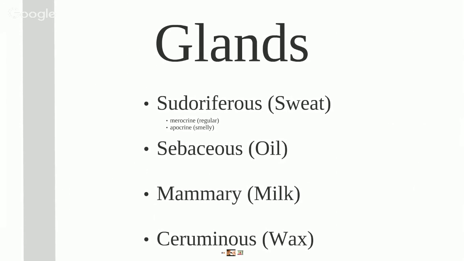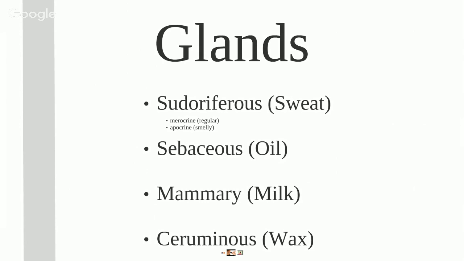So mammary glands obviously produce milk and are obviously localized to the very specific location in breast tissue. And ceruminous glands, which produce wax, are located in a very specific region also. Where's that? Ear. Yeah, so they're only in the ear canal, but they're an important type of gland to talk about.